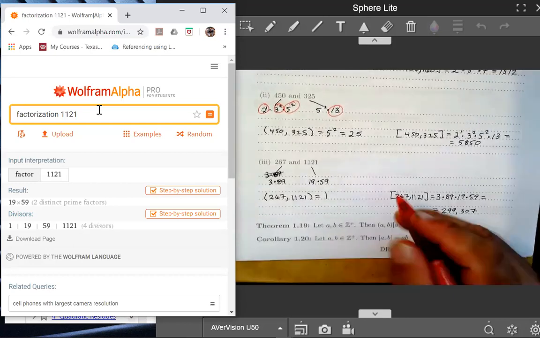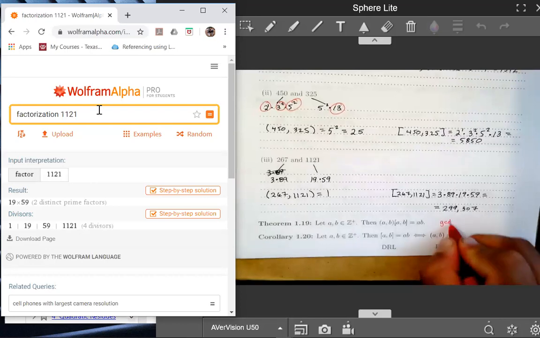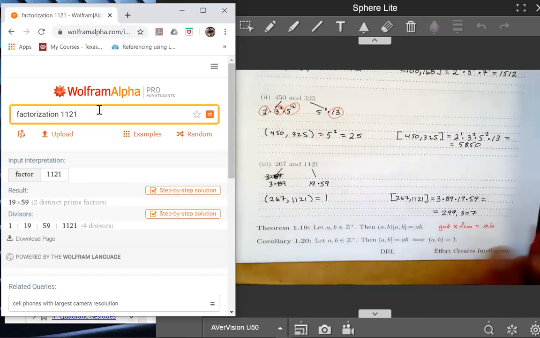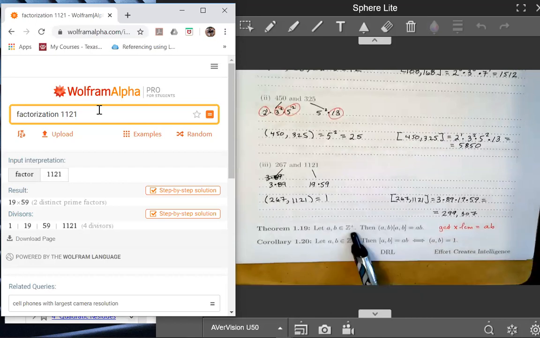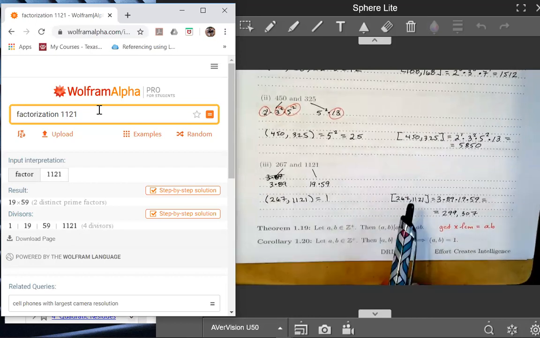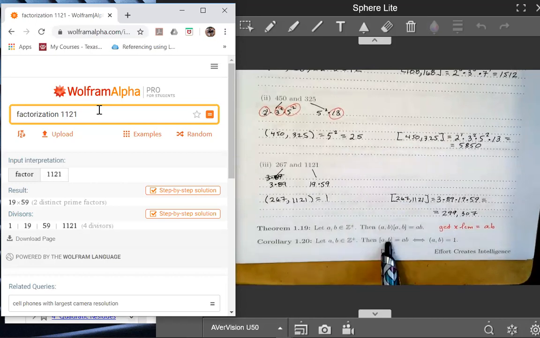So in other words, my greatest common divisor times my least common multiple is going to be equal to the product of my two integers, okay? And the corollary, which we see in this piece right here, would be that the least common multiple is that product if we have co-prime or these relatively prime integers.